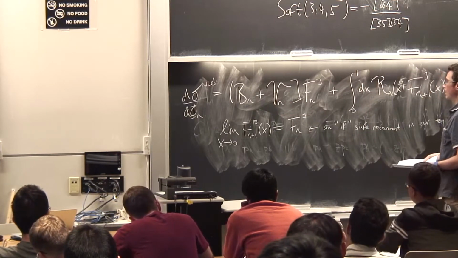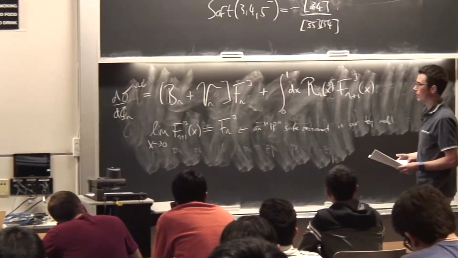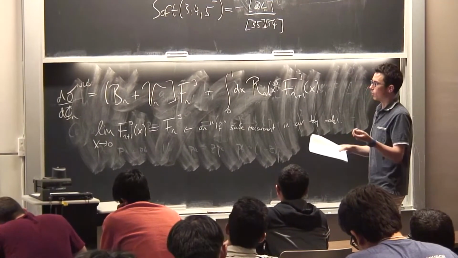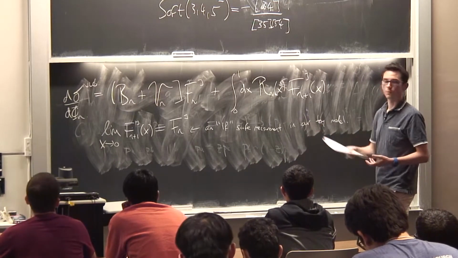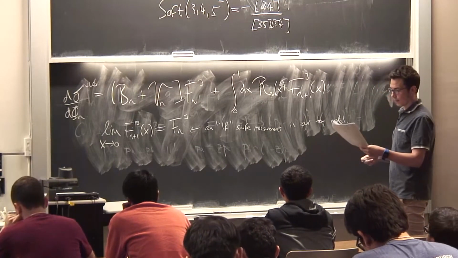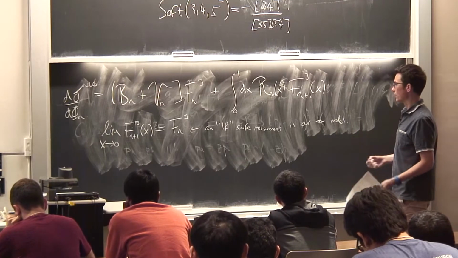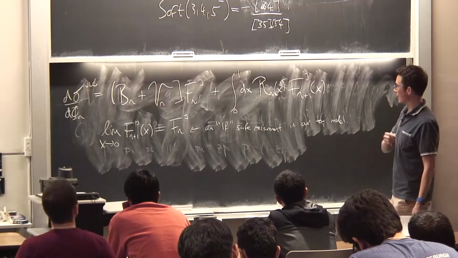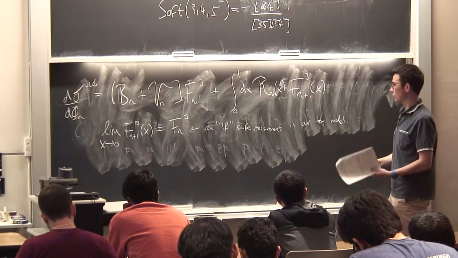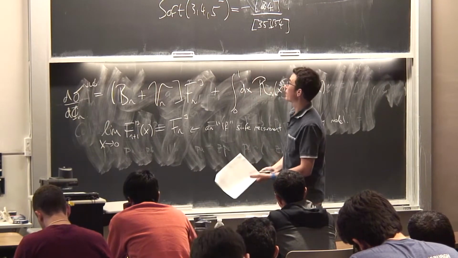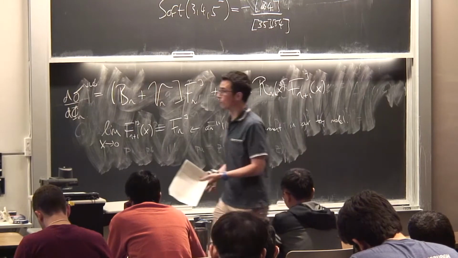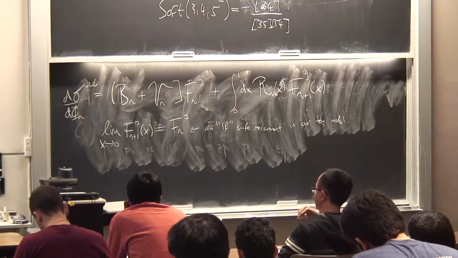So we want to have some way of writing it so that we can cancel the singularities and have both things being finite, so we can plug them into our computer and make predictions for our observable. There are many ways you can do this. We are going to look now at the simplest one, which is called phase-space slicing. And this will allow us to also make contact with NLO, which is good. So let's use this board over here.